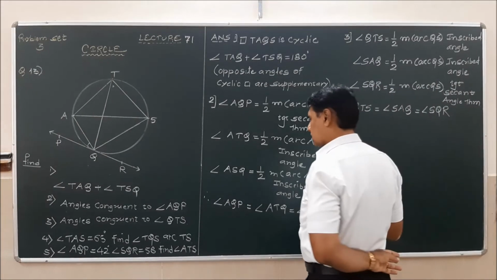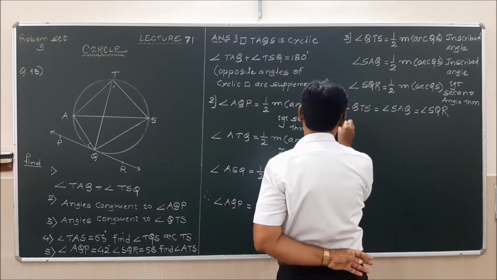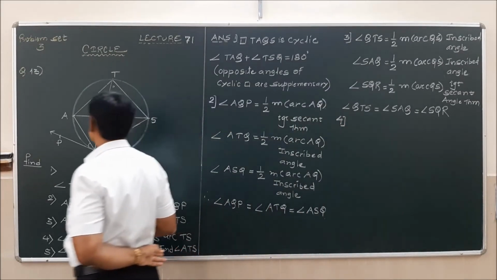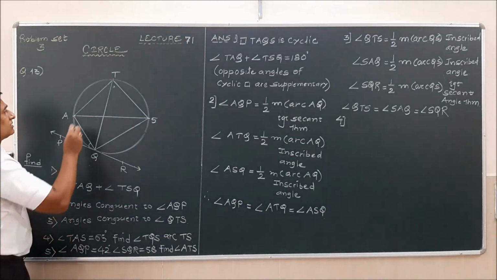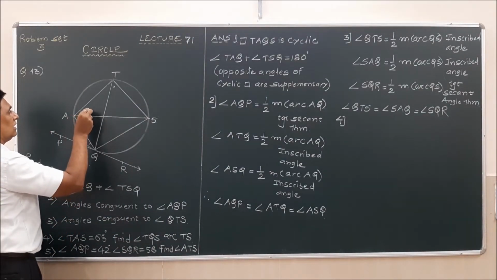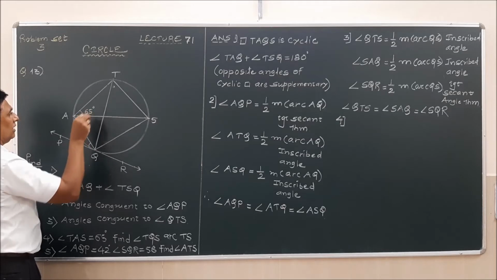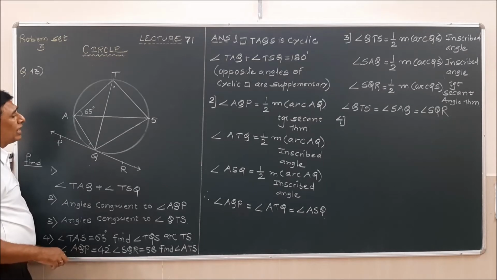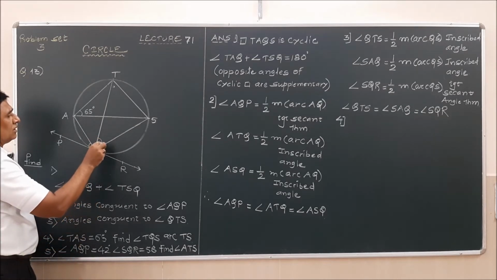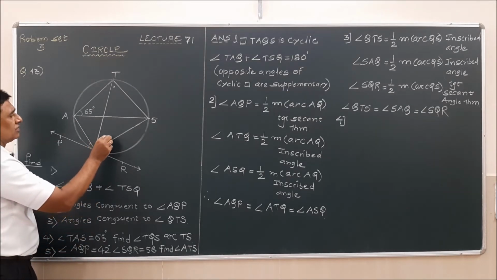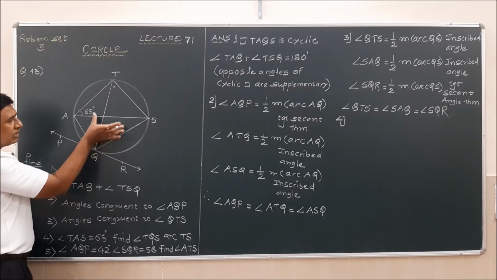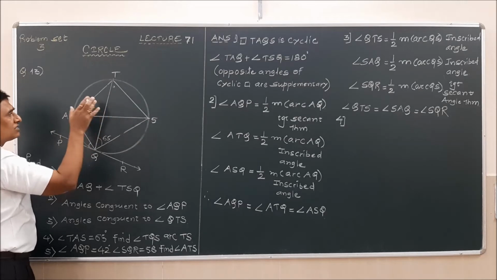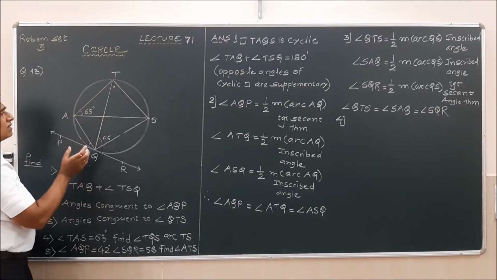Now fourth one is, if angle TAS, this angle, is 65, find angle TQS. Angle TQS is intercepted on TS. Angle TAS has also intercepted on TS.